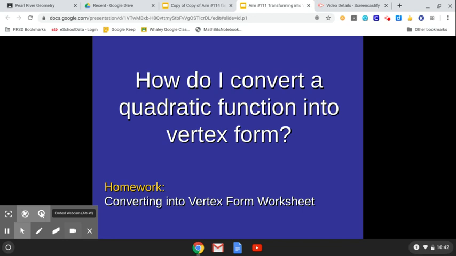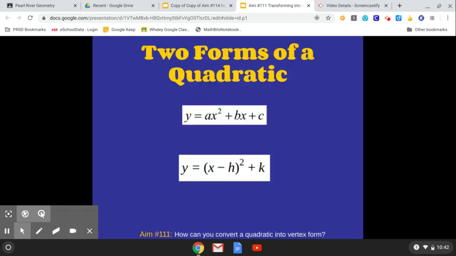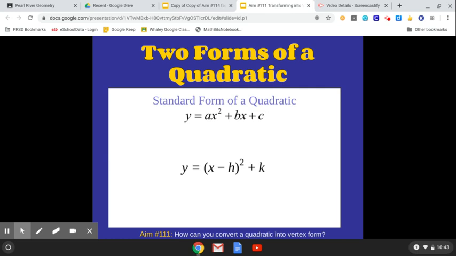Okay. And some of this involves factoring, which we did previously. Now, the difference between the two forms of quadratic we've learned so far is standard form is up there. That's your typical trinomial, ax squared plus bx plus c. Then we have vertex form, which sort of has the x part in parentheses, and that whole parentheses is squared.